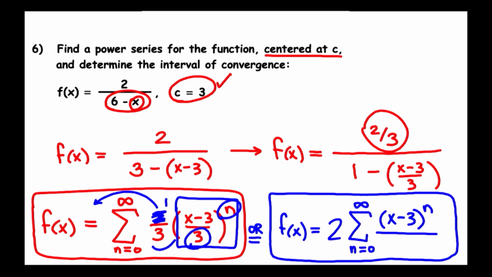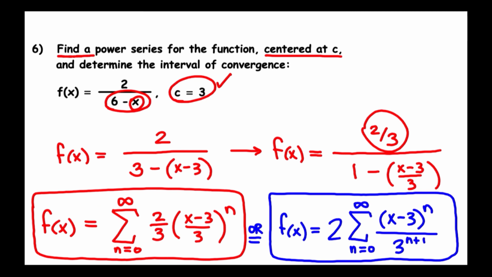Oh, but wait, here's a 3 to the first. So they say over 3 to the n plus 1. I just want you to get used to seeing that. A lot of times that's the way you're going to see the answer written. Both of them are equally correct. So just be advised.